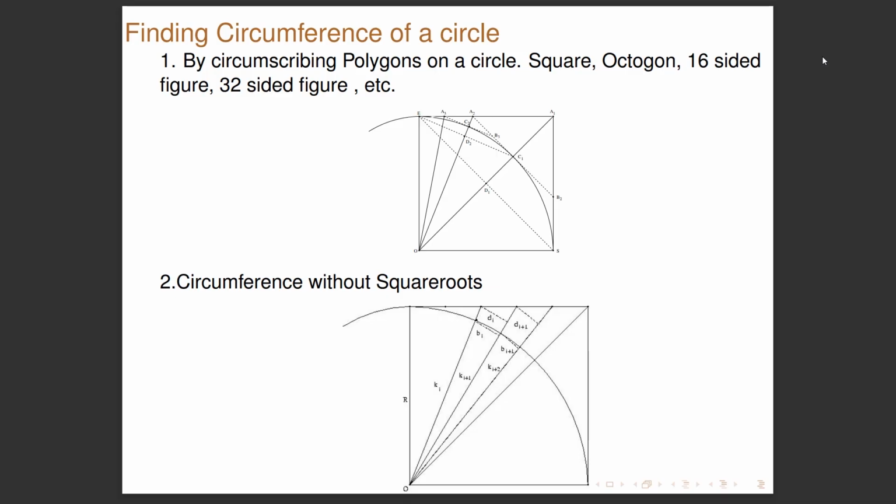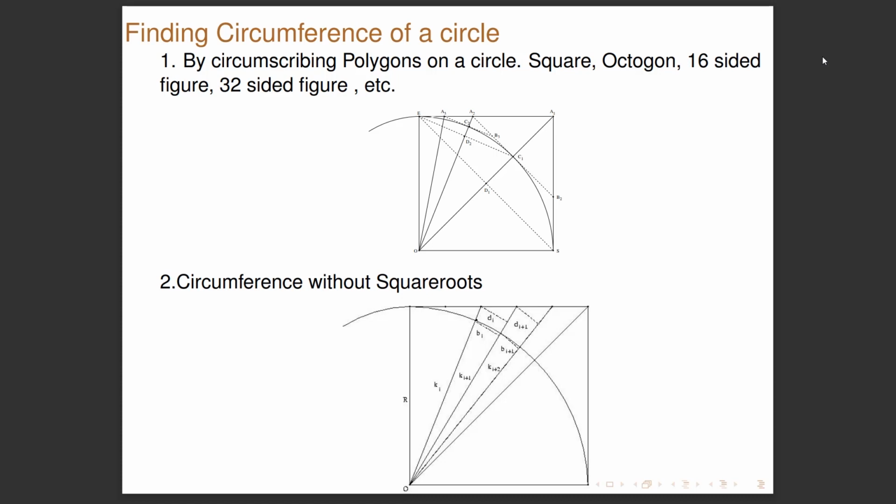So this is a square, and this is the quarter of a circle. Now this side is divided into n equal portions, and each point is joined to the origin. Then these are the arcs. The arc bits are not equal, obviously.